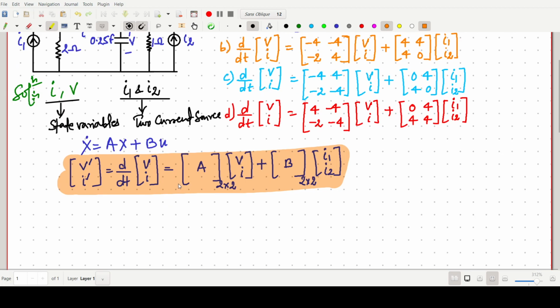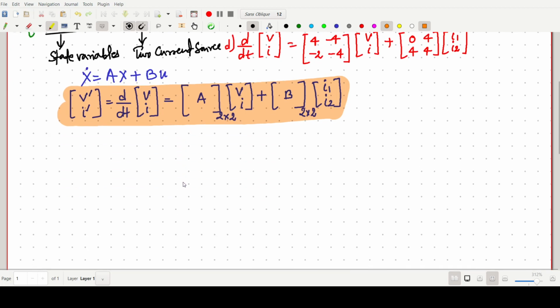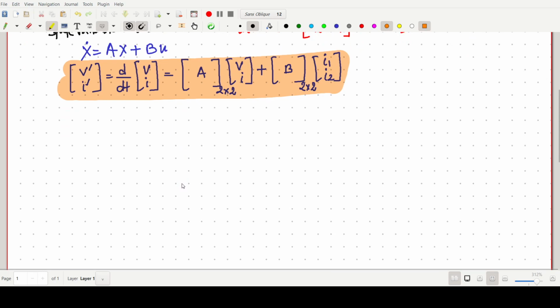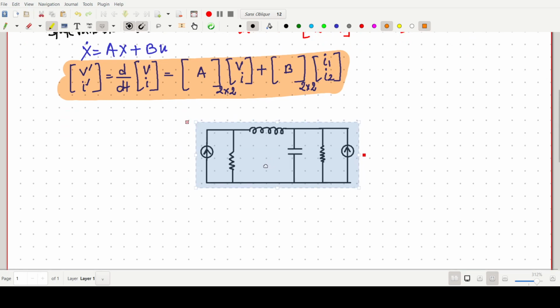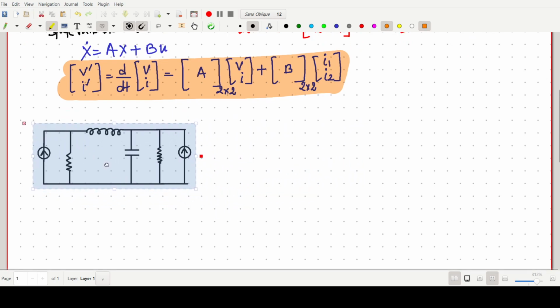So I'm using the figure. First, I'm drawing the same figure here. Better to write I1, and this one is I2.